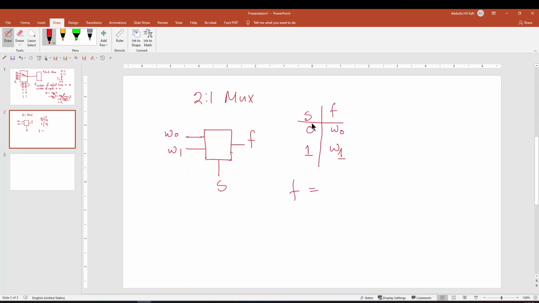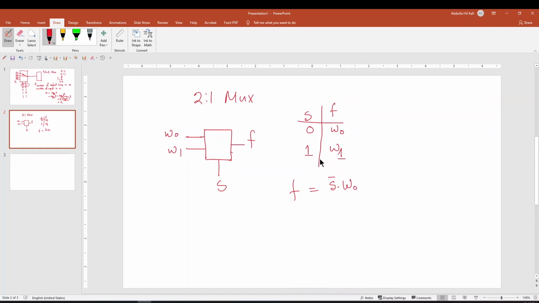So this is S naught, right? When S is 0, that means S bar. And if we connect the input to this, which is W0, we will get W0 at the output.